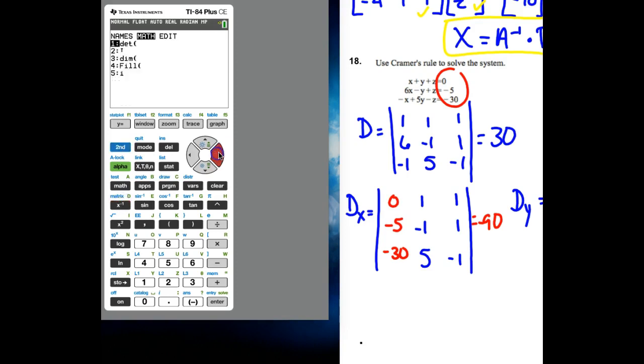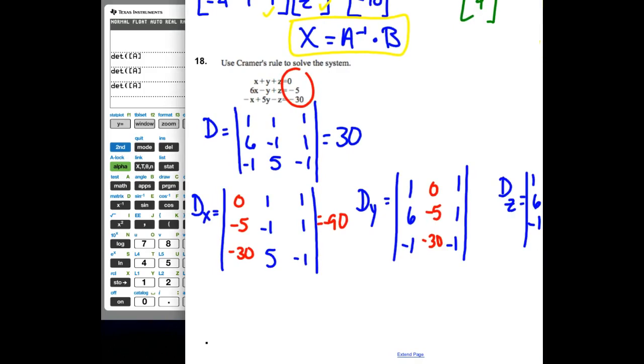Go back into our matrix screen. We're going to change our matrix again. This time we want 1, 0, 1, 6, negative 5, 1, and negative 1, negative 30, negative 1. Okay, quit out of it. Again, I can just hit enter. It's already calculating determinants. This time I get a determinant of negative 150.